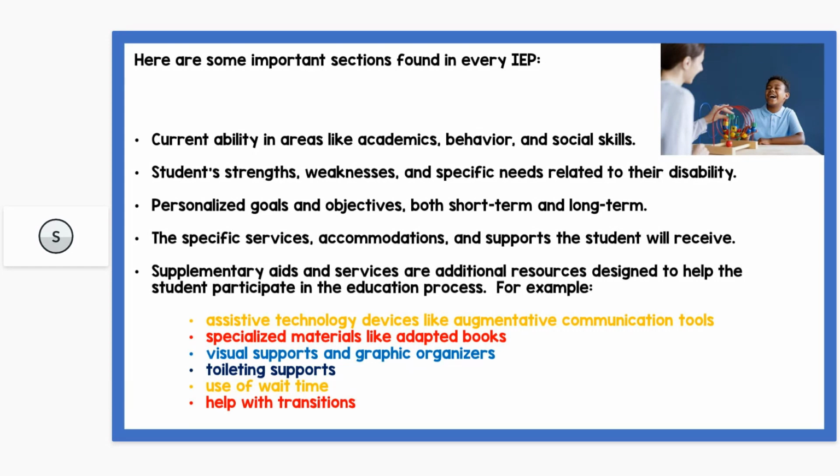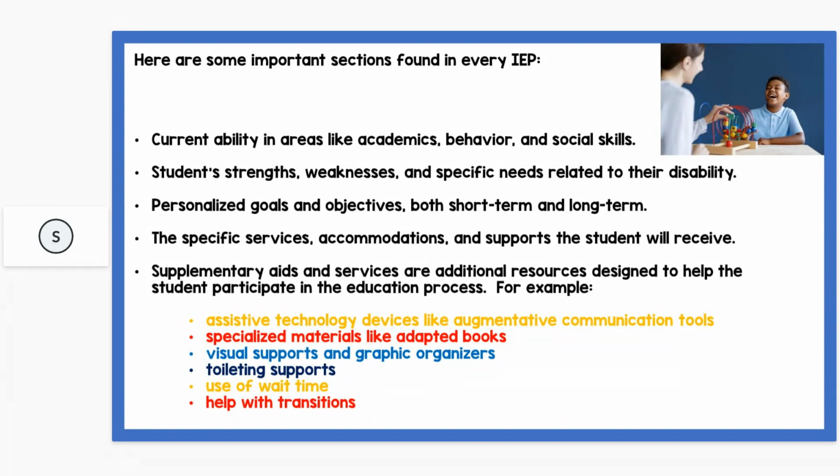When you look through it, no matter what school system you're in, typically they'll have personalized goals and objectives, and you'll have a long-term goal where you're going for the year, and then some short-term objectives where you're going to work on each month or each semester up until that year.